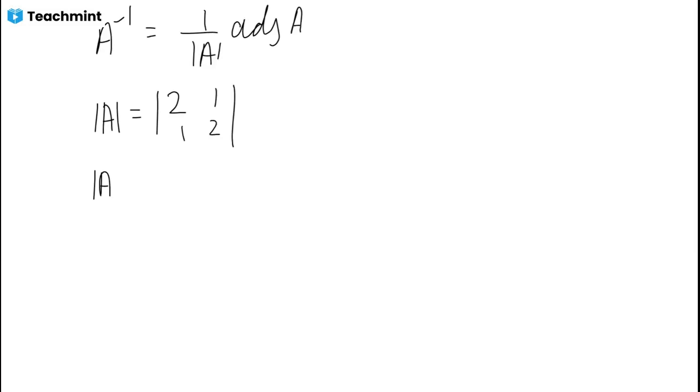Just multiply the diagonal elements first, 2 into 2 minus 1 into 1. We have 3.